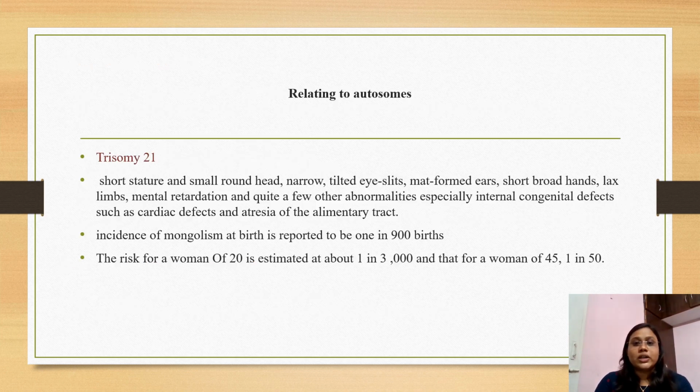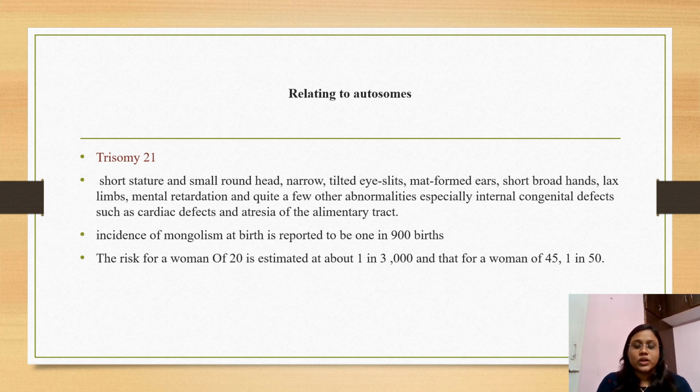Now, disorders relating to autosomes include trisomy 21, that is Down syndrome. This is the one we see most commonly, also called Mongolism. Incidence is 1 in 900 births. This patient has short stature, small rounded head, narrow tilted eyelids. Sorry, I forgot to put a picture, otherwise it would be easy for you to understand.